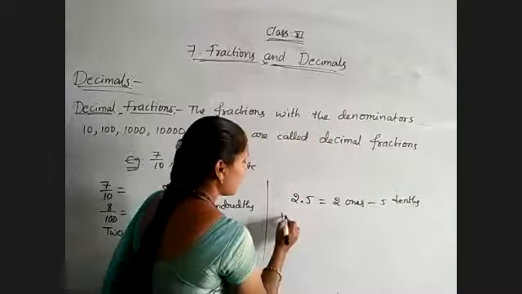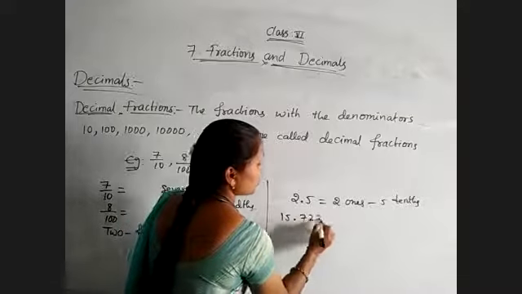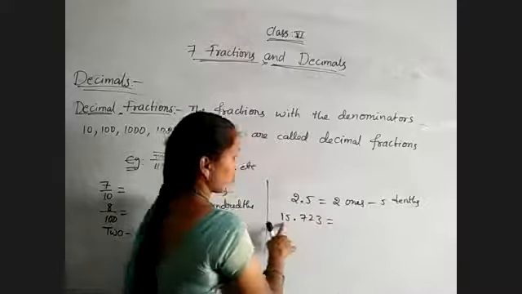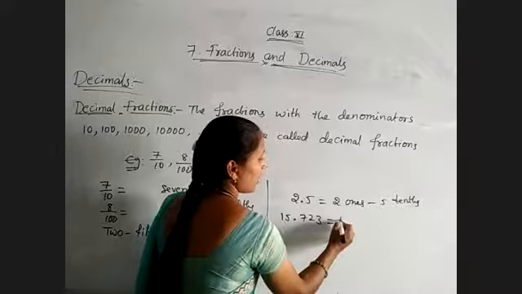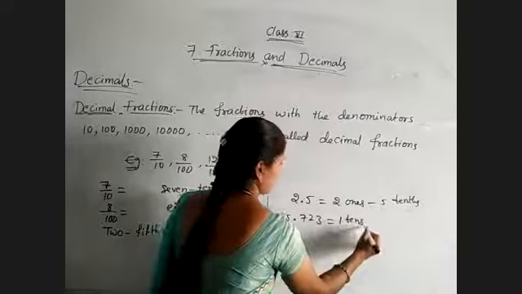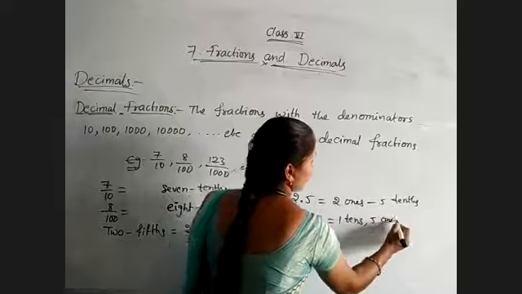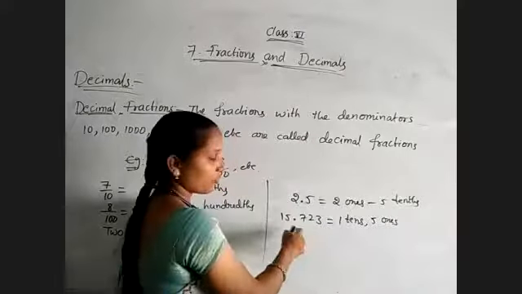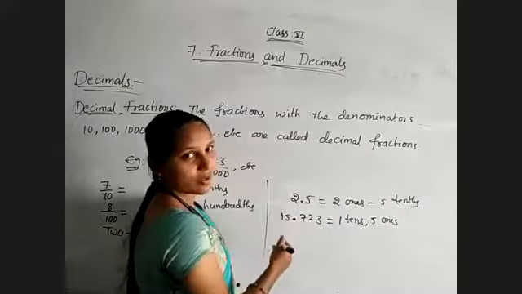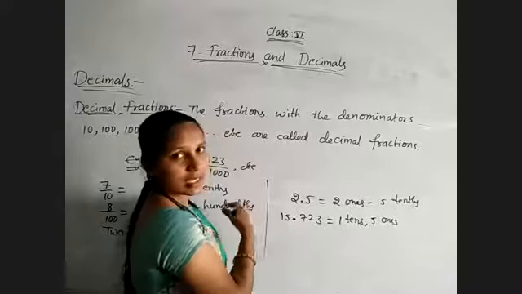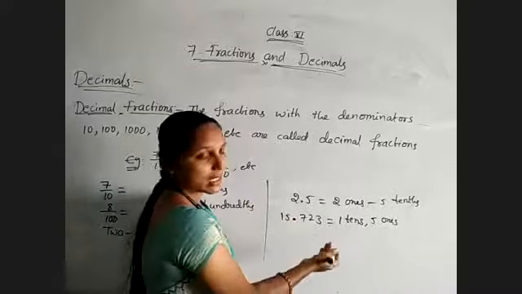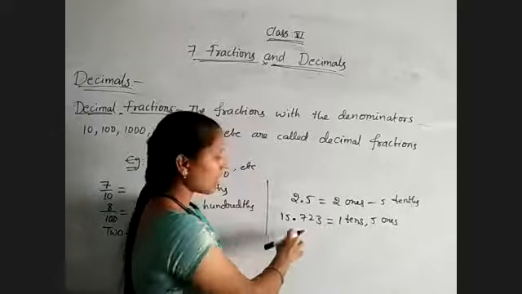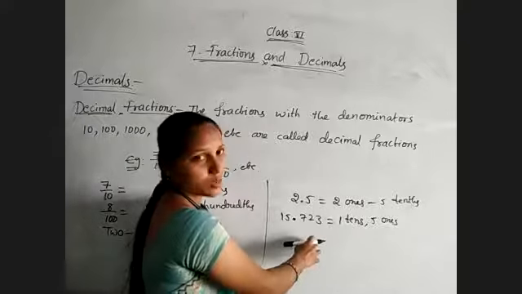If I have 15.723, in this case 1 tens, 5 ones. Before the point, like normal place value, we need to take ones, tens, hundreds and so on. After the point, that is in the decimal part, we take tenths, hundredths, thousandths, like that.